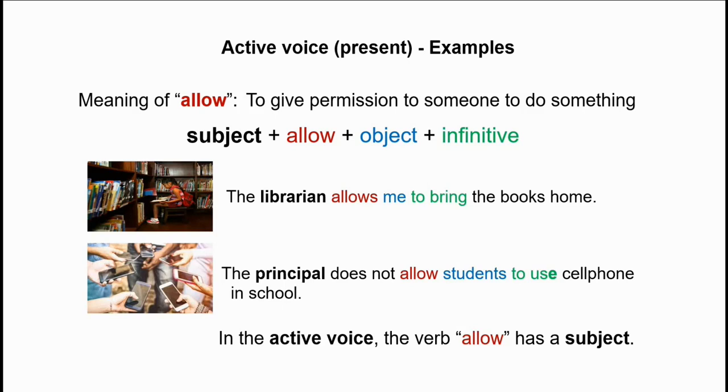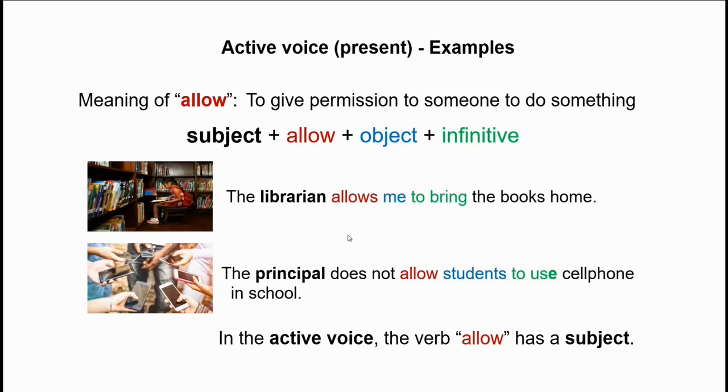So we have the subject here, and this is the characteristic of the active voice. We have a main verb, and the verb has a subject.